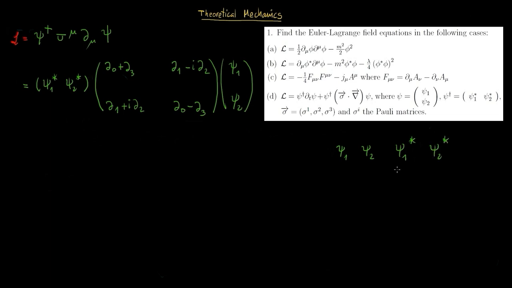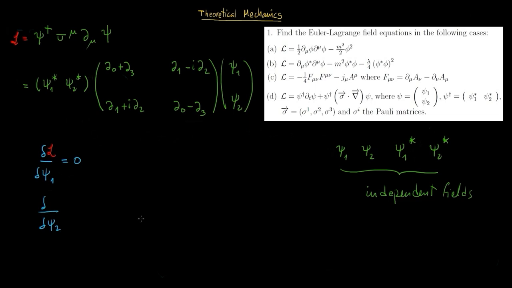We can claim that these fields are independent, in the same spirit as section B. So you would have to calculate the functional derivative of S, or if you want, of L, with respect to psi 1 and make it equal to 0, the same thing with psi 2, with psi 1 star, and with psi 2 star.